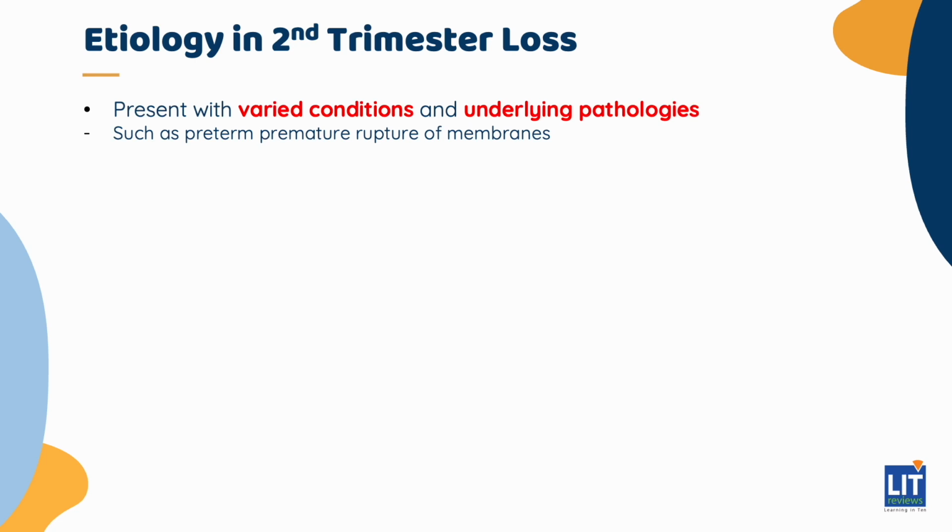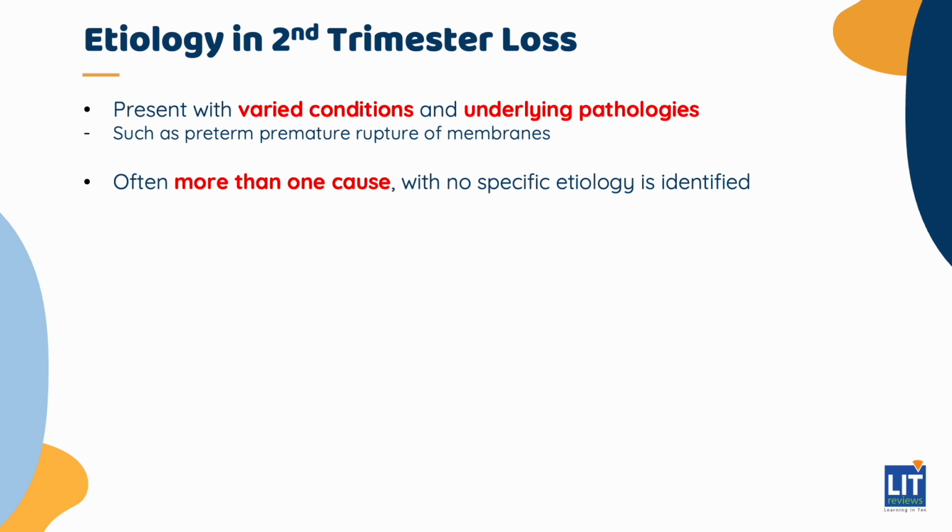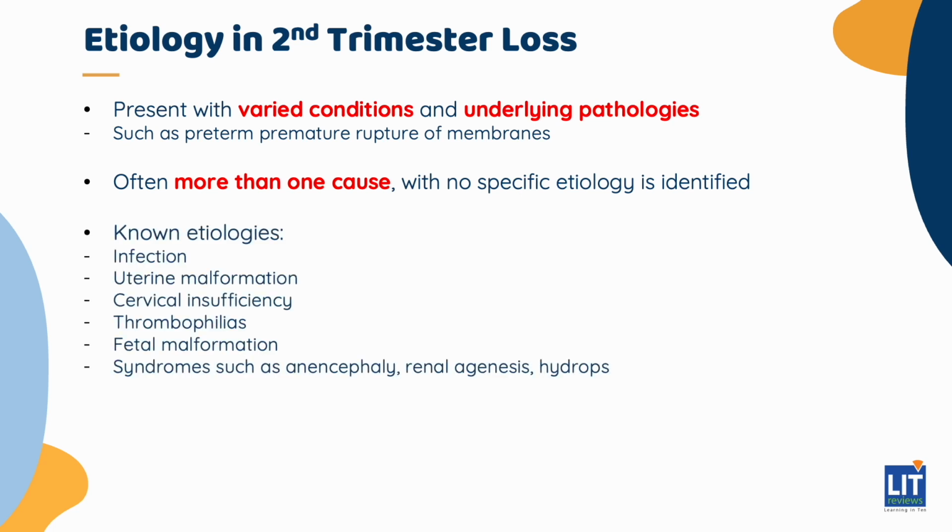of membranes. Oftentimes, second trimester pregnancy loss has more than one cause, and often no specific etiology is identified. However, some known etiologies of second trimester pregnancy loss include an infection, uterine malformation, cervical insufficiency, thrombophilia, fetal malformation, or syndromes such as anencephaly, renal agenesis, hydrops.